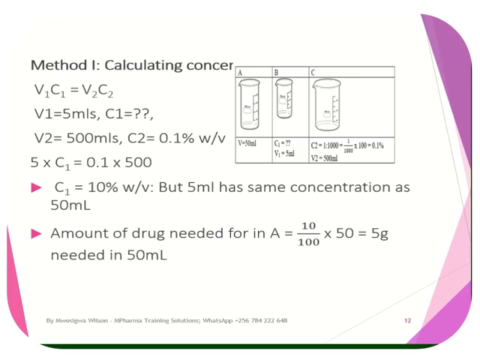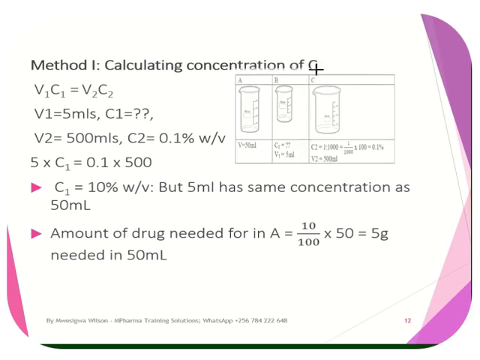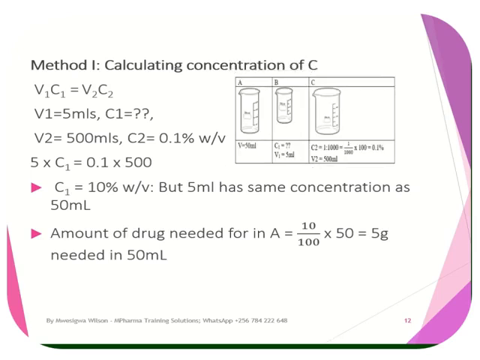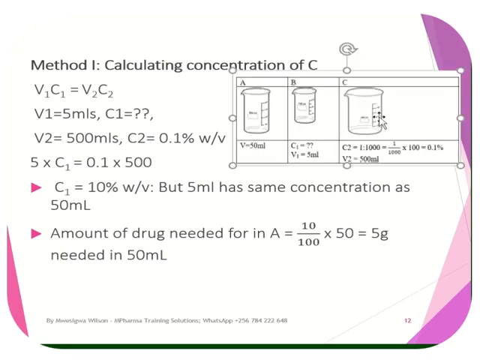Method 1, I will use concentration, for example. Method 2, I will use quantity. So now, since I'm working from this side and I have the one of C, I can write these equations and work backwards from this side to this side.